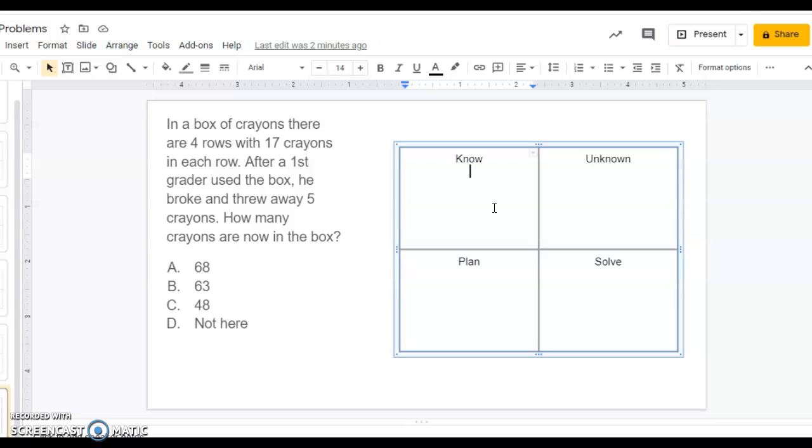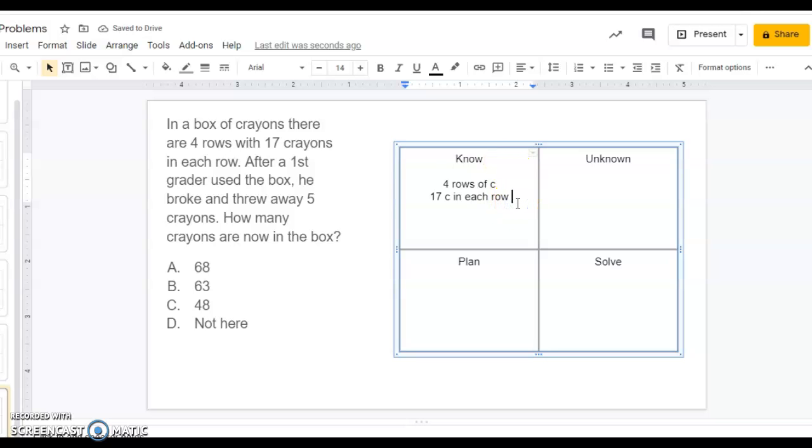So what I know is that the box has 4 rows of C for crayons. And I know that there are 17 C in each row. We know that is important information as well.